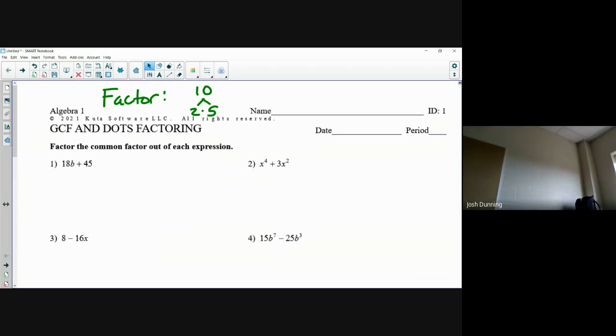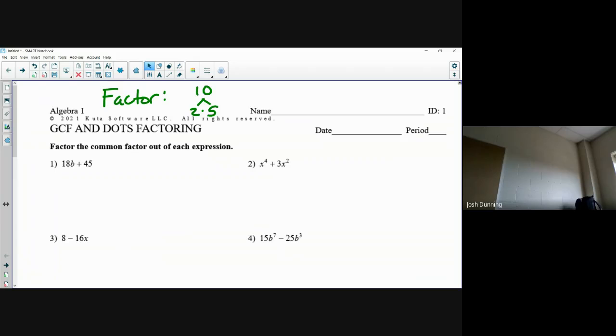Now, you may have in the past, maybe in like 6th grade, maybe 7th, probably not, maybe 6th though, seen something like number 1. It's kind of like backwards distribution. Your answer to this is going to look like a distribution question, and I'll explain why.